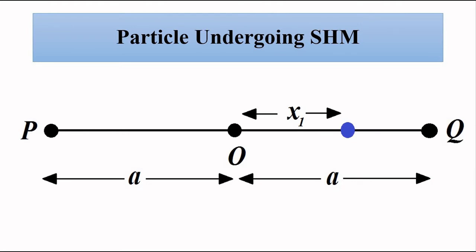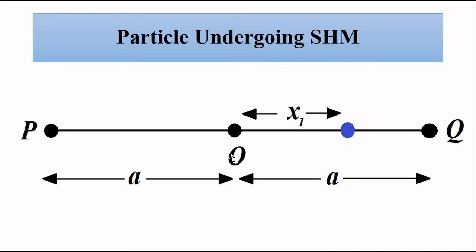And these two points P and Q are at the same distance from this equilibrium or mean position. So this movement which the particle is undergoing is called simple harmonic motion.